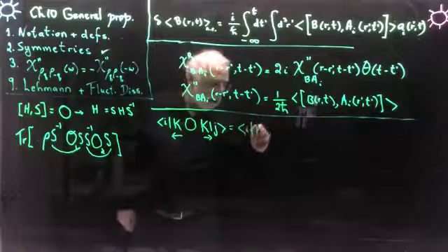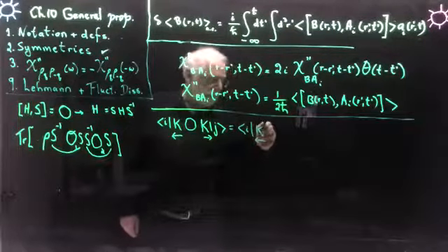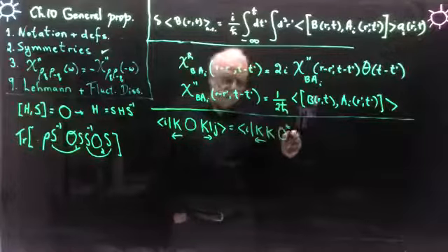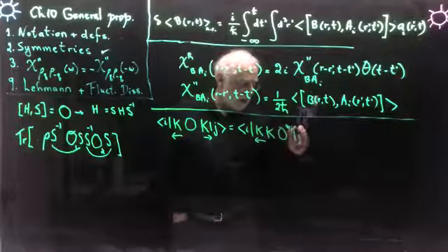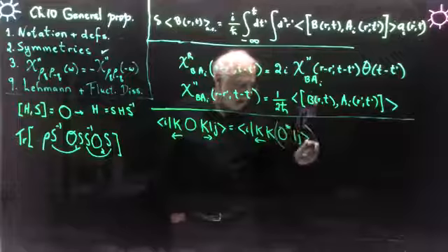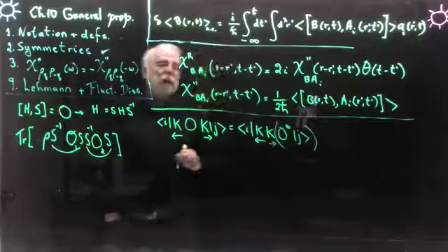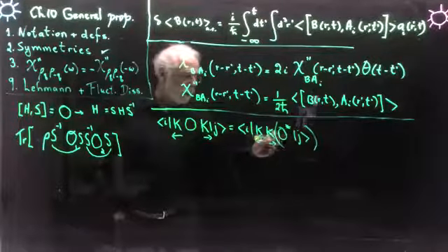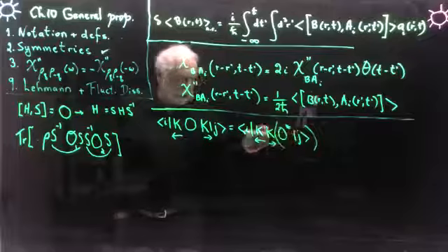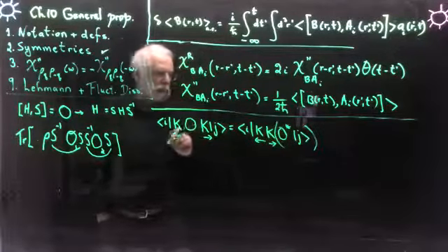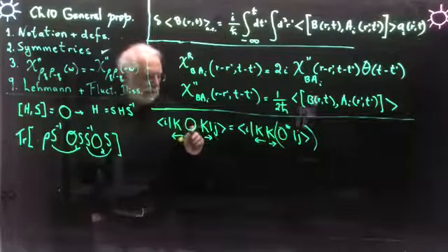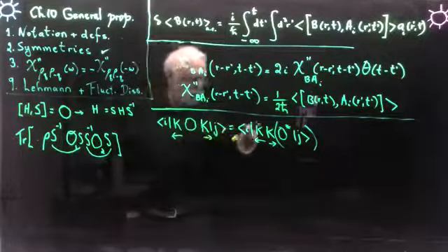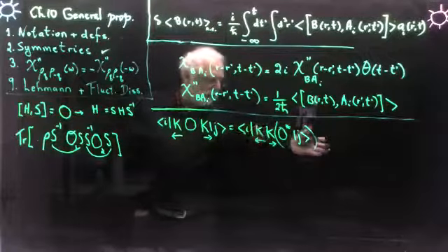K, O star, J. The complex conjugation will remove this and act on J, so this is equal to this. Now, looking at the definition of the bra and the ket, I can write it the other way.